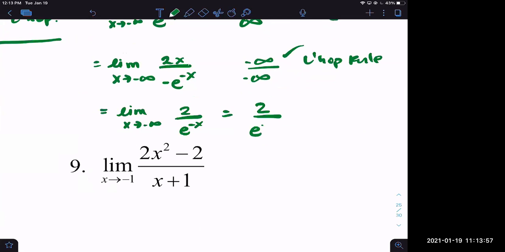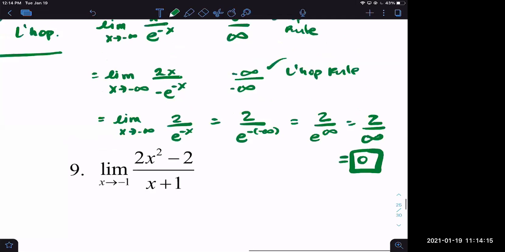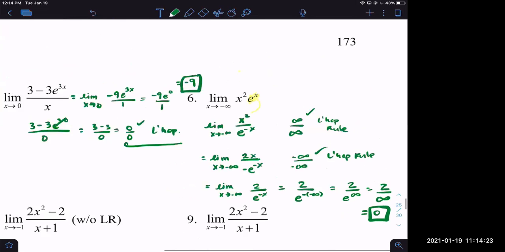The denominator is like e to the negative of negative infinity, which is really e to infinity, but what's e to infinity? Infinity, and what's 2 divided by a giant number? 0. So this comes out to be 0. You probably could have guessed that at the beginning because we initially saw this as 0 times infinity. So my initial guess would be 0, but we're going to see some where it doesn't end up being 0.